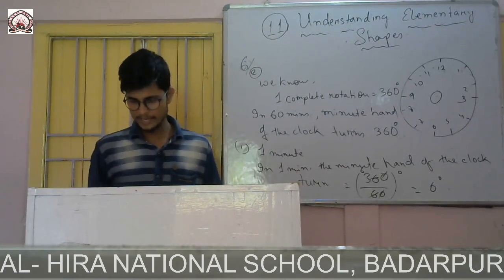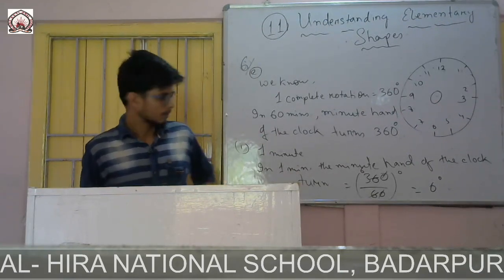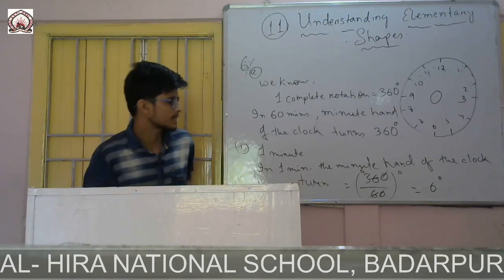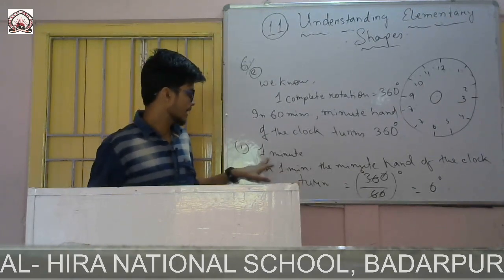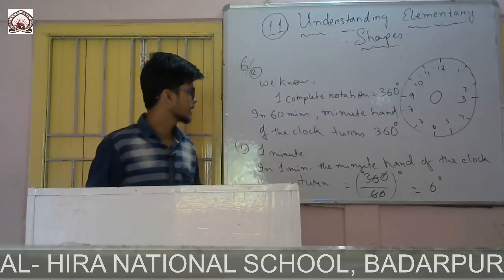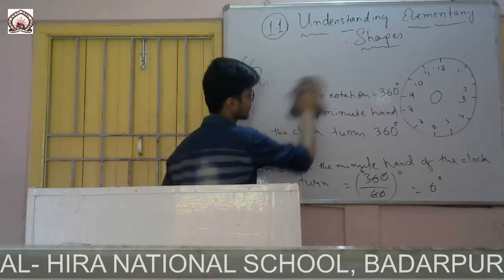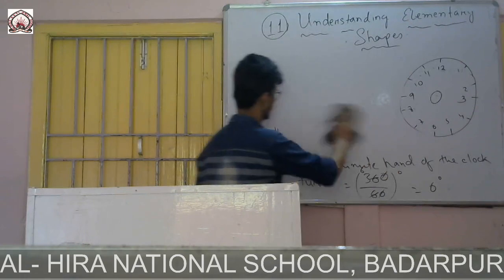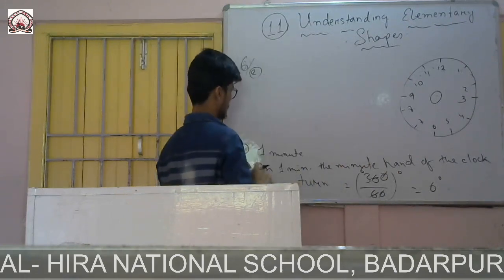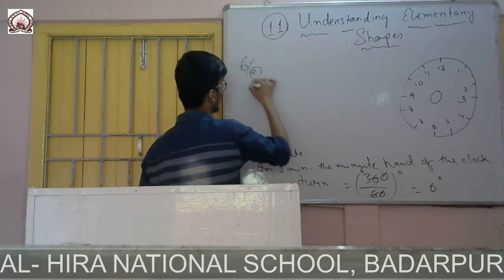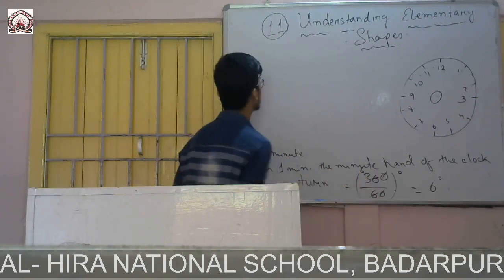So next one, it is to find 8 minutes. So for 8 minutes it will be 8 into 6. In 1 minute it covers 6 degree. Therefore in 8 minutes it will cover, Roman number 2, for 1 minute we got 6 degree.